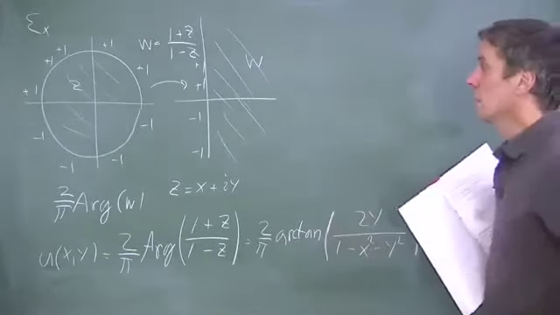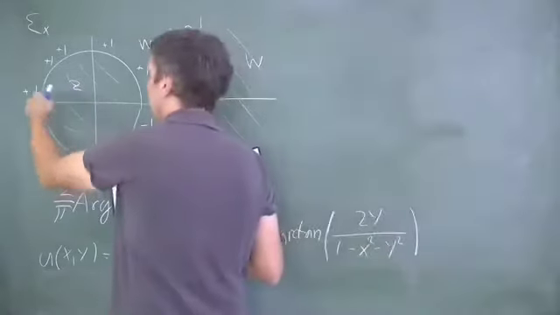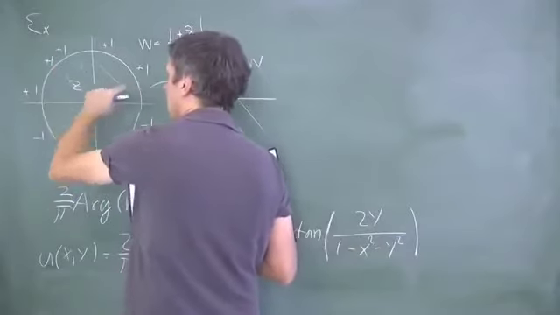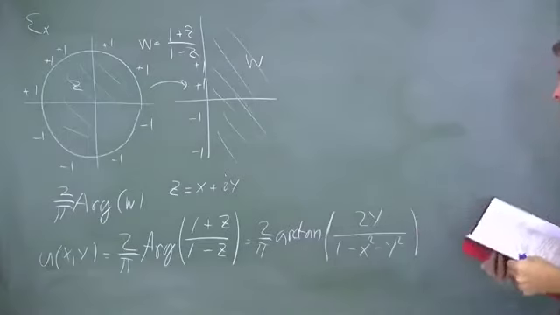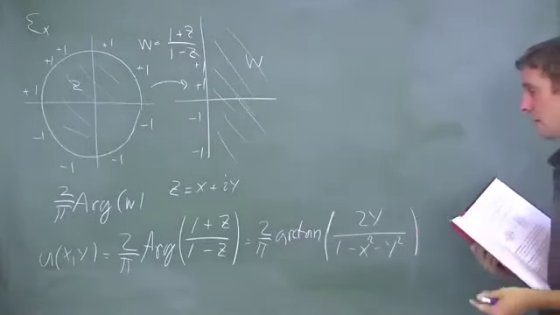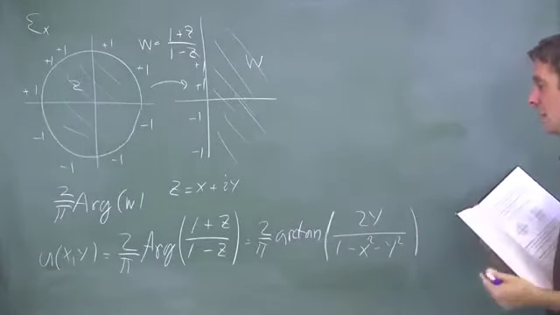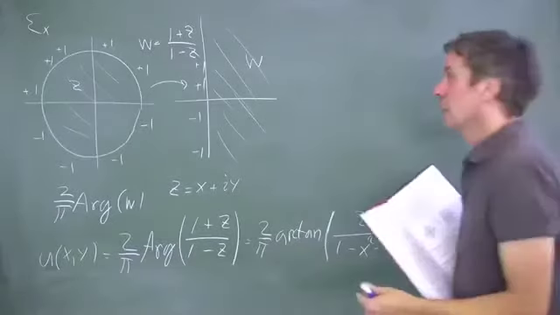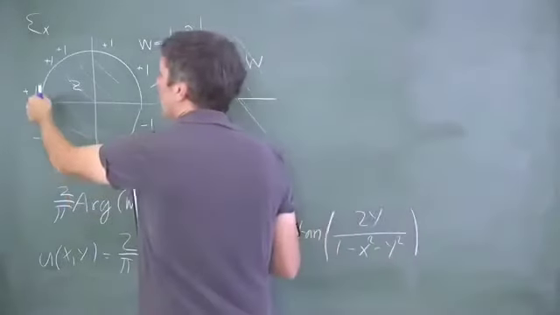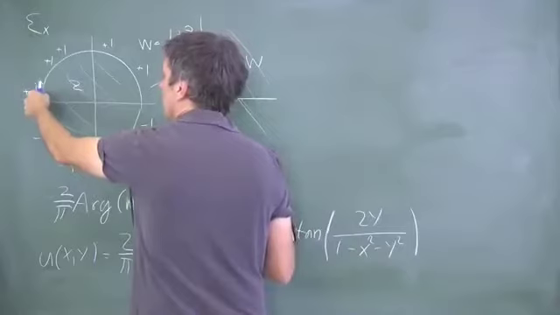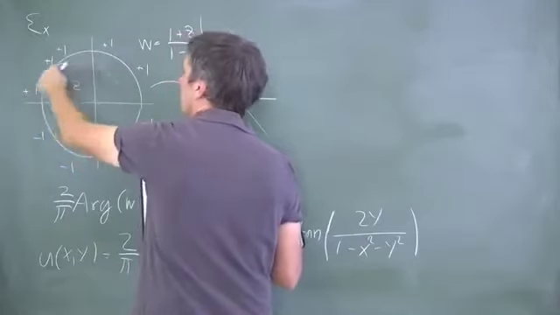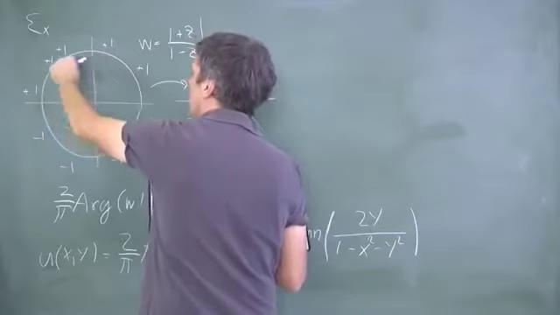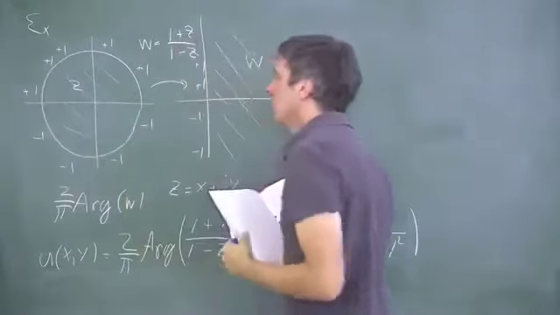This will be a function which is harmonic in here, takes the values plus 1 up here and minus 1 down here. So it could be, for example, interpreted as the electric potential if you have put charges which give you value 1 up here and minus 1 down here.